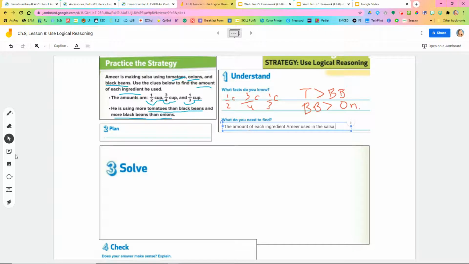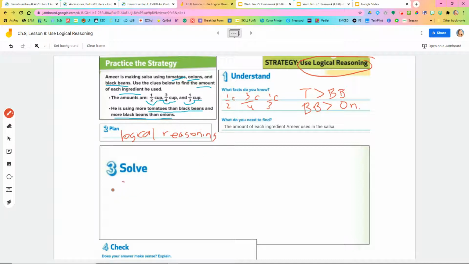So we've got to match them. Now, my quick plan, and this one's easy because we're using a specific plan, we're going to use logical reasoning. We're going to use that common sense. We're going to use our clues, and my biggest fraction is going to match with my biggest ingredient. So first, let's do that.